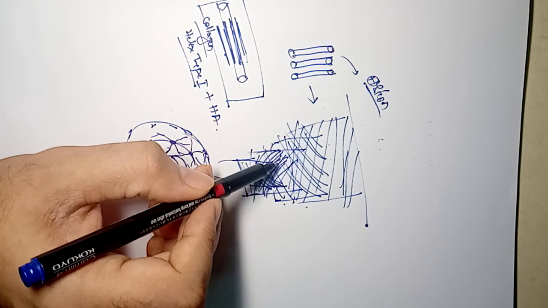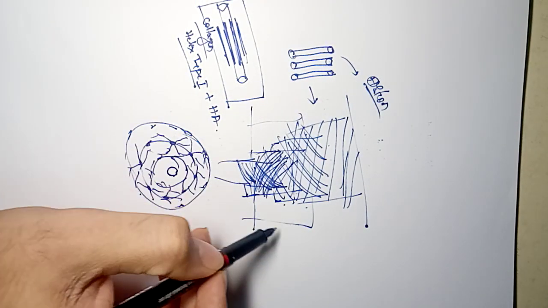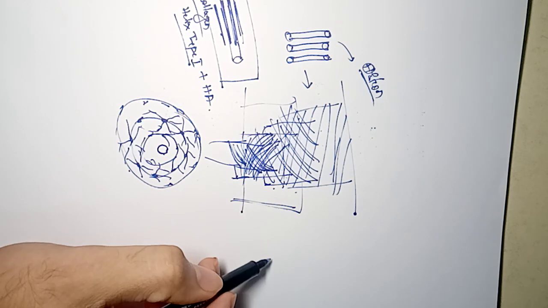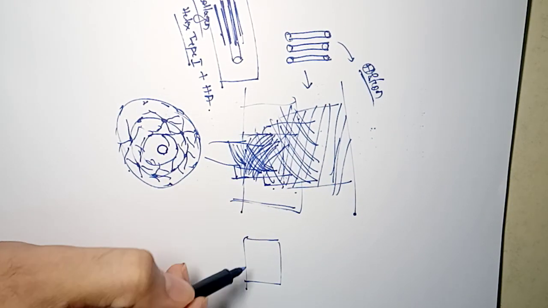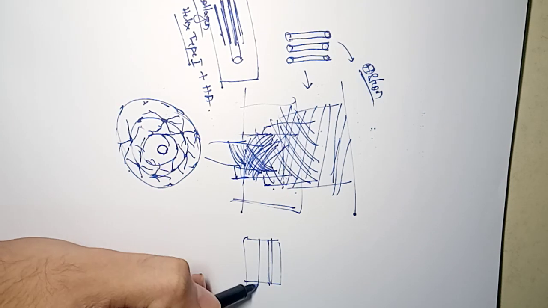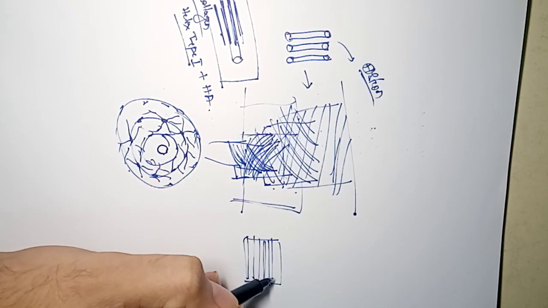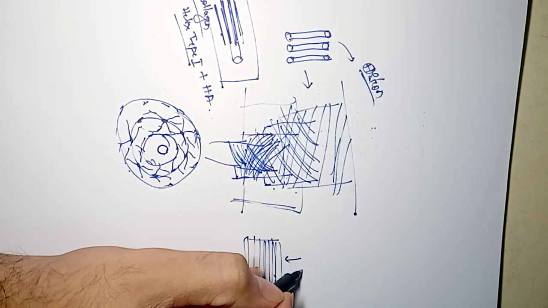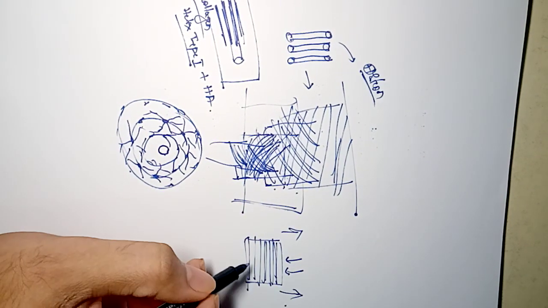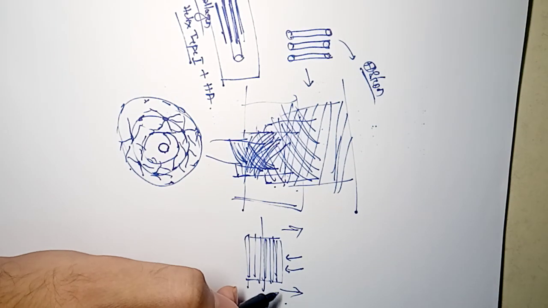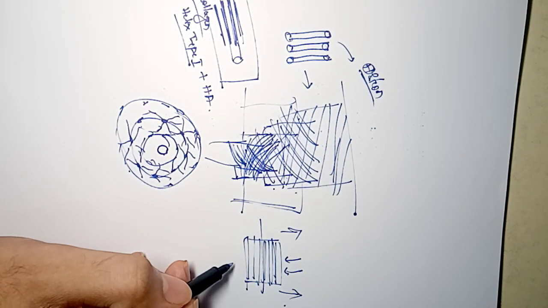So the purpose of arranging in different angles is that, if you take a block with the oriented fibers like this, of course they are very resistant to the compressive force, but they are weakest in case there is a tension force or a shear.